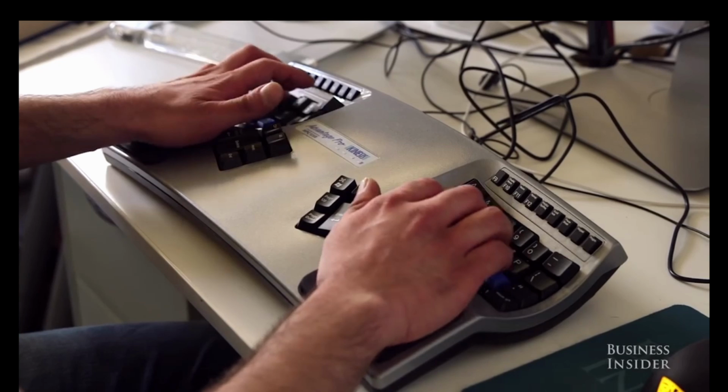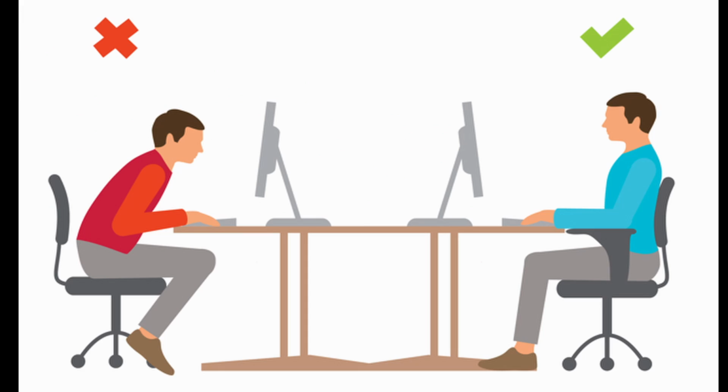For example, if you're a computer user who always uses a computer like this, in a day nothing will happen, but after some years of doing this, it will create a problem in your spinal cord.